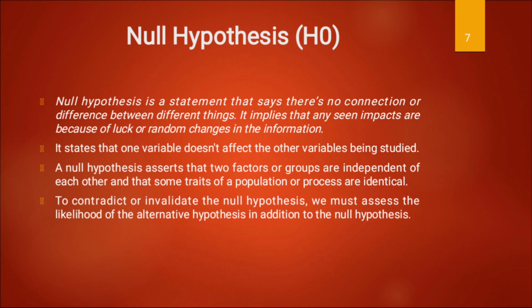A null hypothesis is a statement that says there is no connection or difference between different things. Suppose from a given population we take a subset, and before testing we assume that there is no difference between the population and the sample. This hypothesis is known as the null hypothesis and is denoted by H naught.